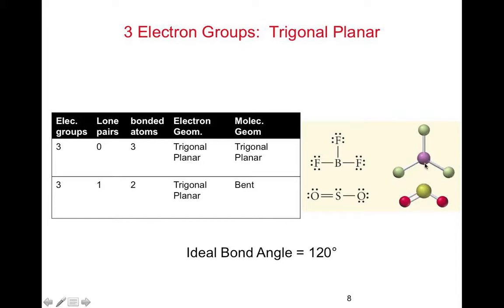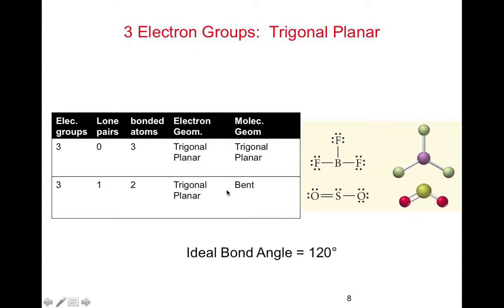Because I've got a lone pair sticking out here, but when I talk about the shape, I'm only talking about the shape that the bonded atoms make. And so the molecular geometry, when I have 3 electron groups and 1 lone pair, we call bent. But in every case, first I determine the number of electron groups. That determines the electron geometry, and then the molecular geometries are just subsets of the electron geometry.